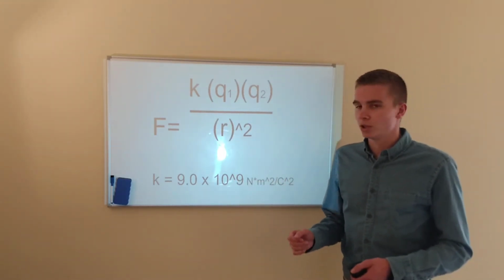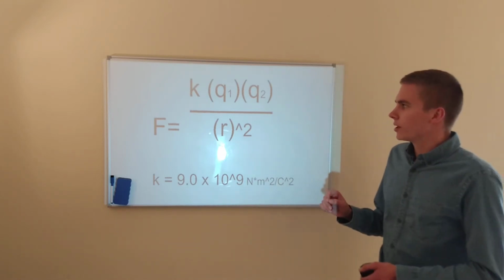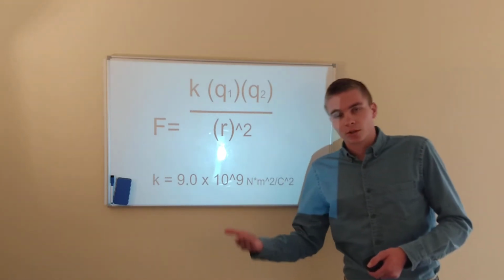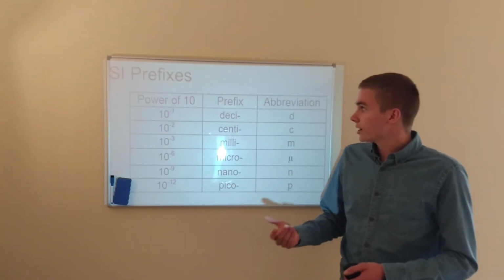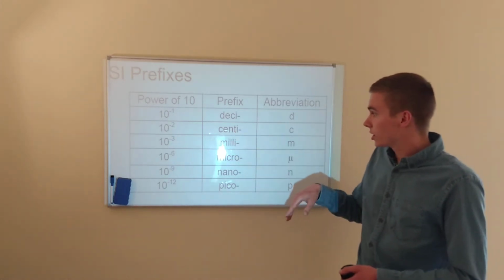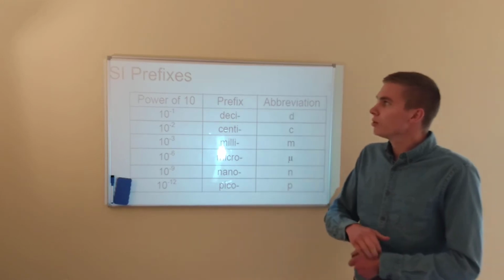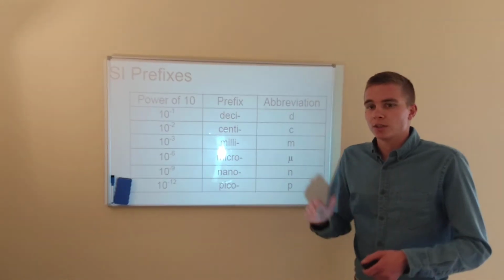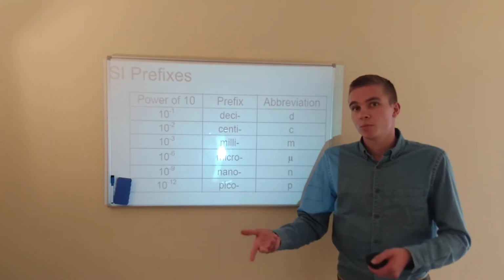Now, one thing that you'll notice when we go over these problems is some of the values may not be given to you in meters, or they may not be given to you in coulombs. Instead, we might have to look at things like centimeters, microcoulombs. And so if you don't know your SI prefixes, I'm going to recommend that you take a look at your resources online or in the book.